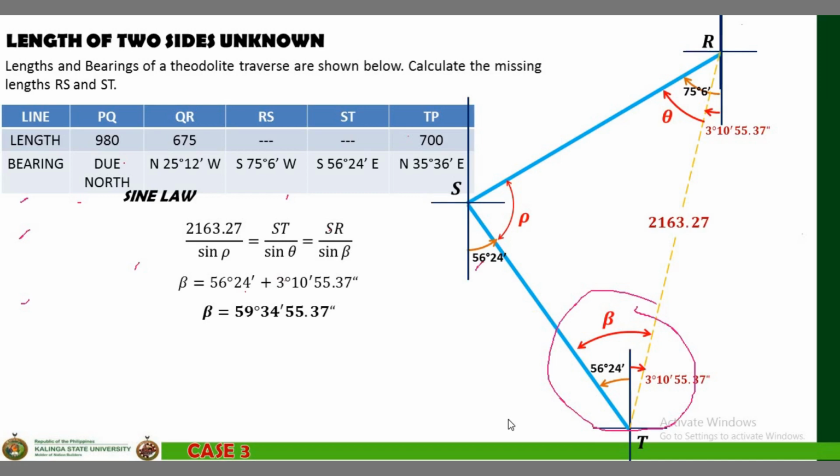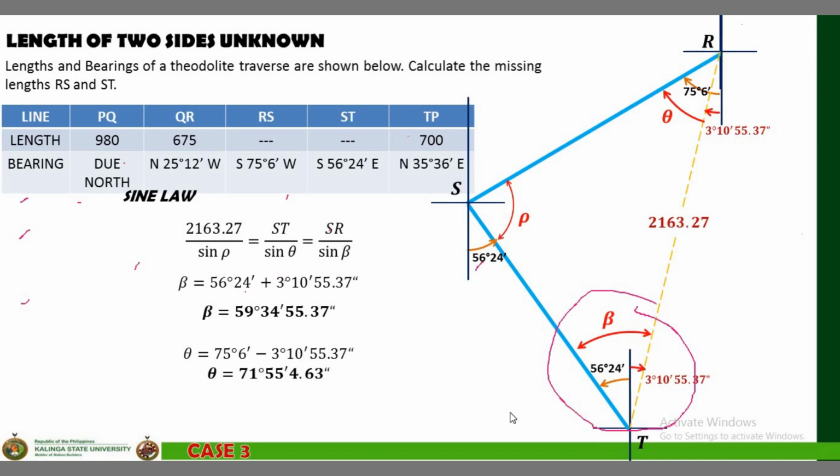That is my angle at beta. I can also get theta. How will I get theta? That is equal to 75 degrees 6 minutes minus 3 degrees 10 minutes 55.37 seconds. So theta is equal to 71 degrees 55 minutes 4.63 seconds.